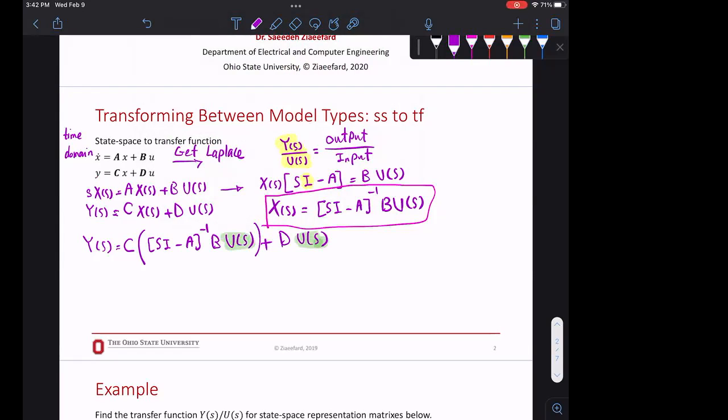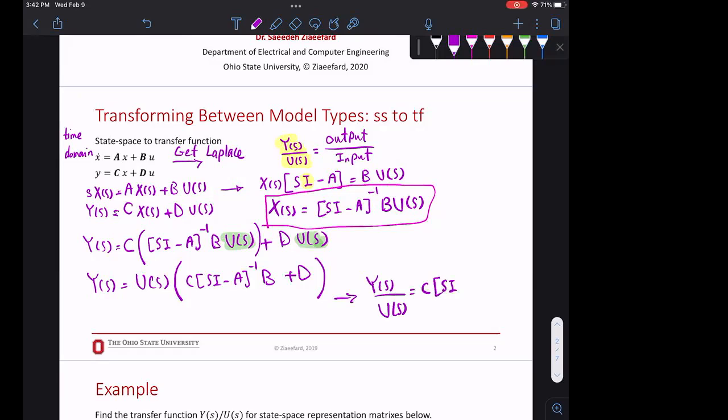U(s), I can factor that out: C (sI - A) inverse B plus D. All I have to do to get my transfer function is to bring U in the denominator, right? So Y(s) over U(s) is C (sI - A)^-1 B plus D. Good news, this is always fixed. That's the relation between transfer function and state space.